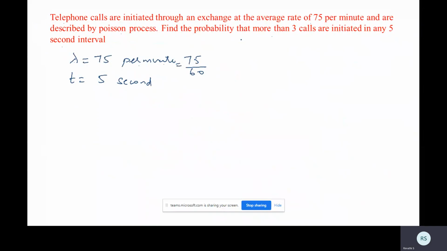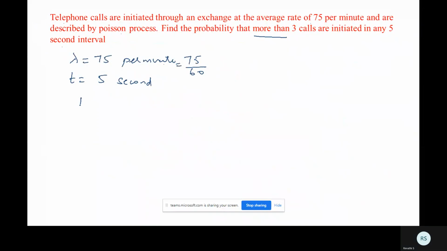So find the probability that more than 3 calls are initiated. Here again they have mentioned more than 3 calls. Exactly 3 calls, we can say k equal to 3. Exactly 2 calls, we can say k equal to 2. But here they have mentioned more than 3 calls, so k can take the value 4, 5, 6, 7, any value. So how can you do this?